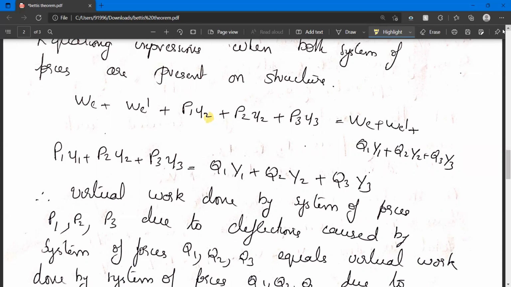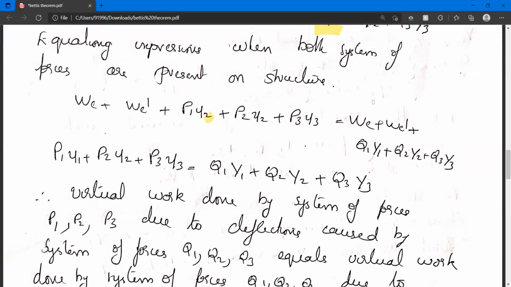So WE plus WE dash plus P1 small y1 plus P2 small y2 plus P3 small y3 is equal to WE plus WE dash plus Q1 capital Y1 plus Q2 capital Y2 plus Q3 capital Y3.